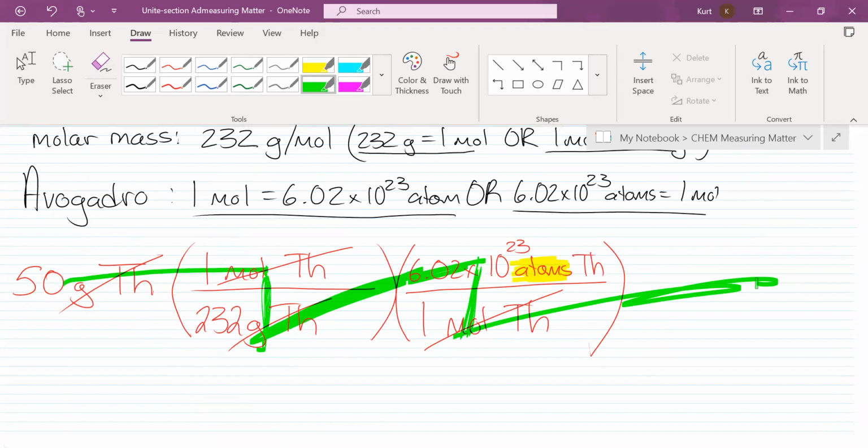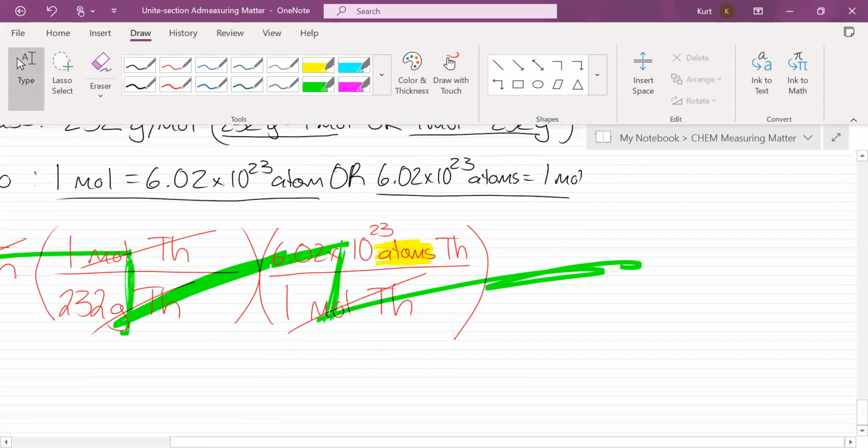And if you want to get technical, I'll do it all. 50 times 1 divided by 232 times 6.02 times 10 to the 23rd divided by 1. Your answer should be 1.30 times 10 to the 23rd atoms of thorium.